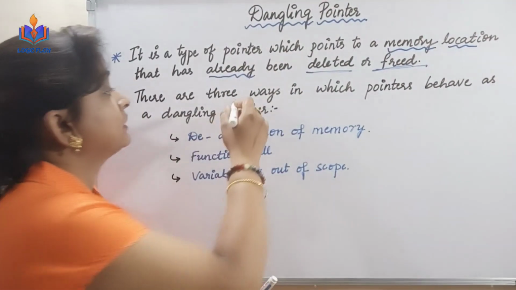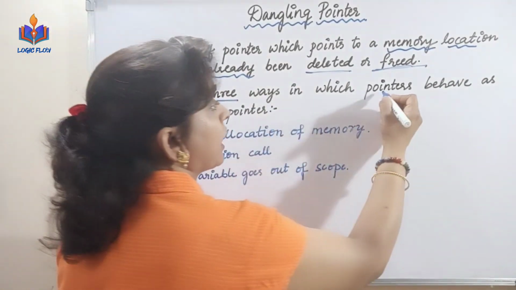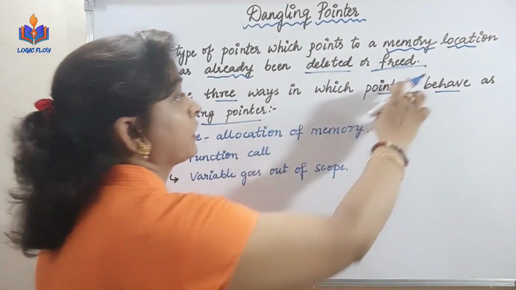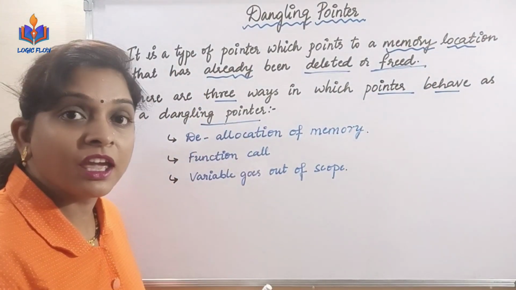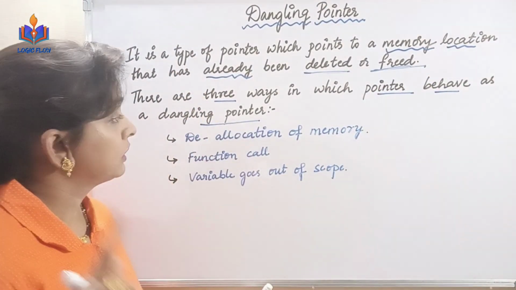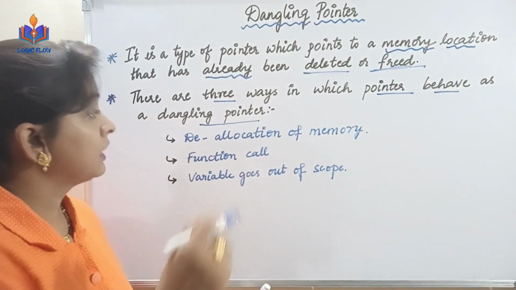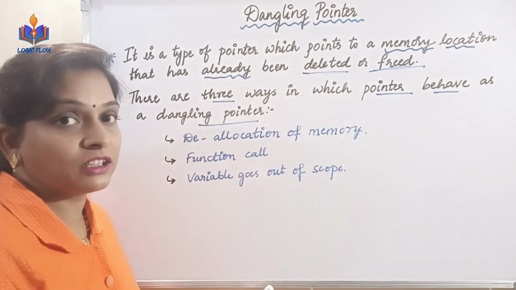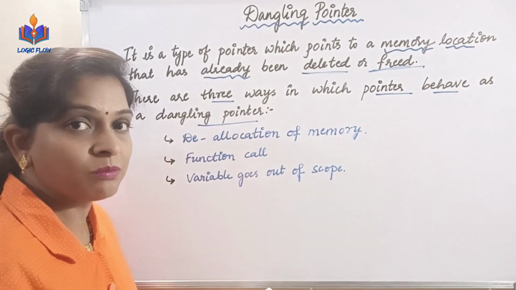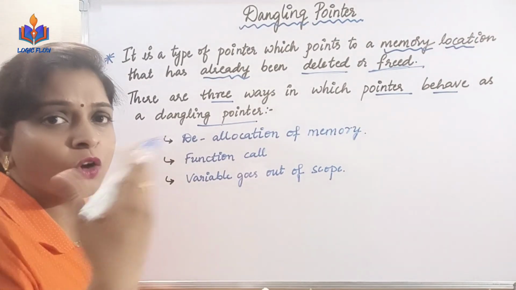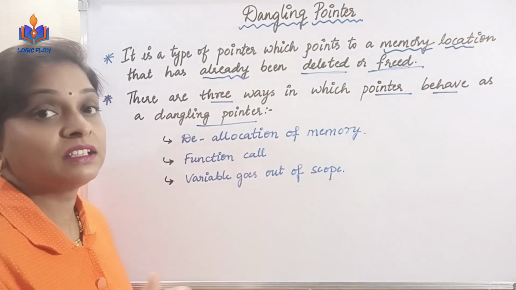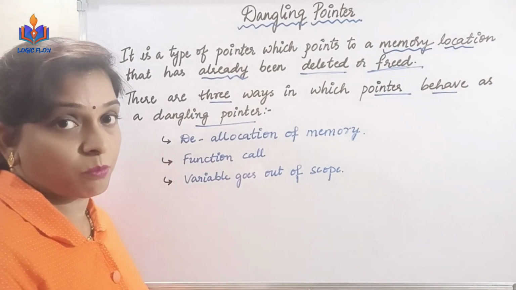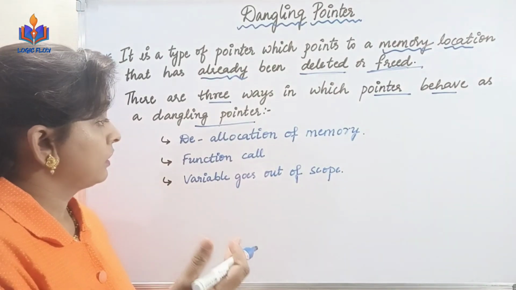So here there are three ways in which a pointer behaves as a dangling pointer. Those three ways are deallocation of memory. That is, when we deallocate the memory and try to access that memory, then that pointer cannot point to any memory, and it behaves like a dangling pointer. Then, function call.